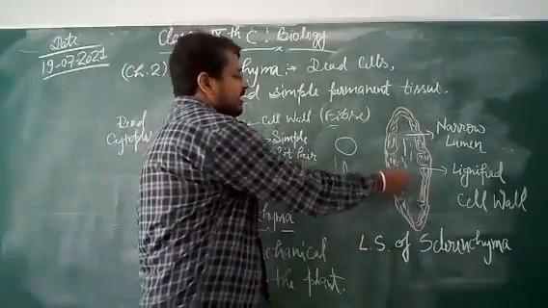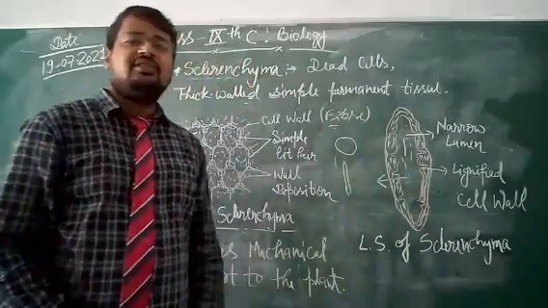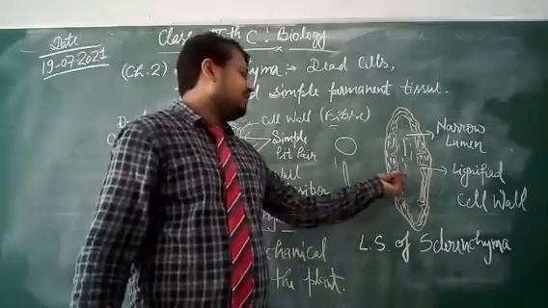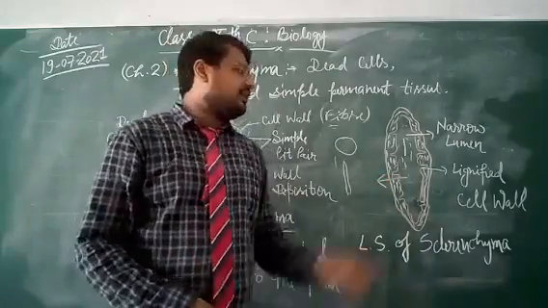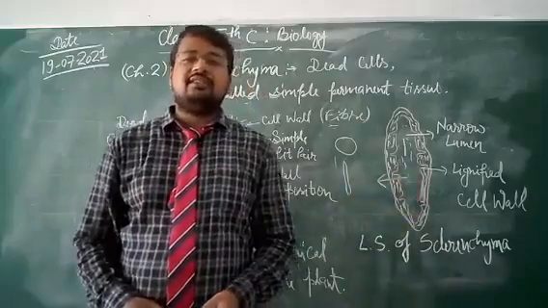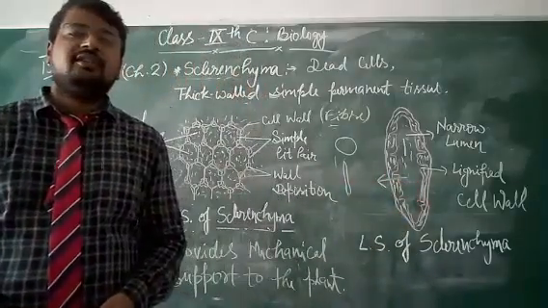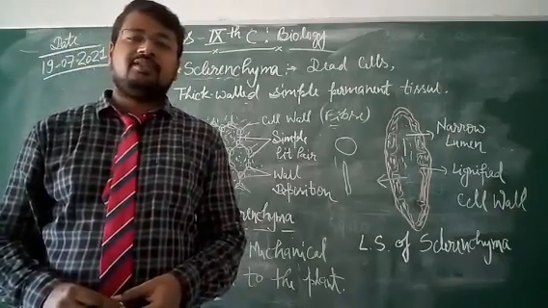But if the cells are dead, then there is no need of nutrients, there is no water in the cell, and the cell will shrink. That's why the mechanical strength is generated in this type of cells. They are closely associated and there is no presence of water. Cells are dense and dead. So their strength, their mechanical support is very good.